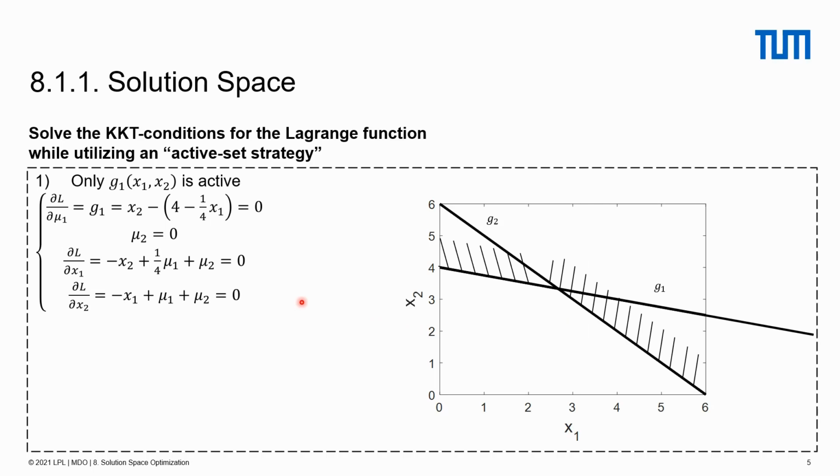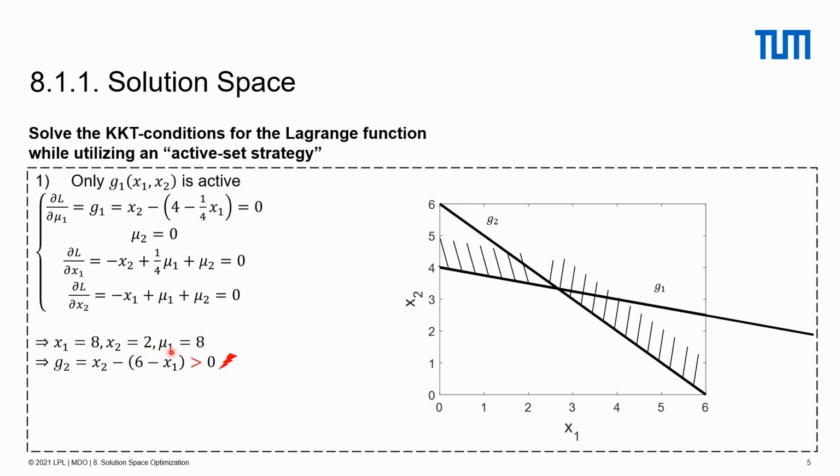Now case 1, only G1 is active. That means G1 must equal 0 as the corner lies on the boundary of G1, and mu2 equals 0 because G2 is not active and we don't have to consider it yet. Then we still have these two equations. The solution of this equation system is x1 equals 8, x2 equals 2, and mu1 equals 8.